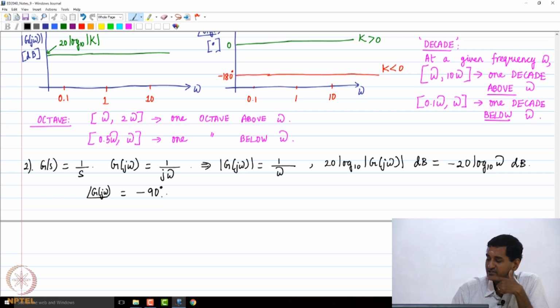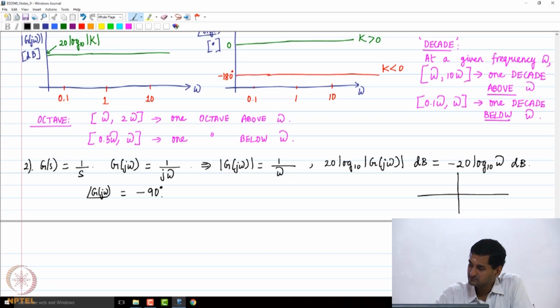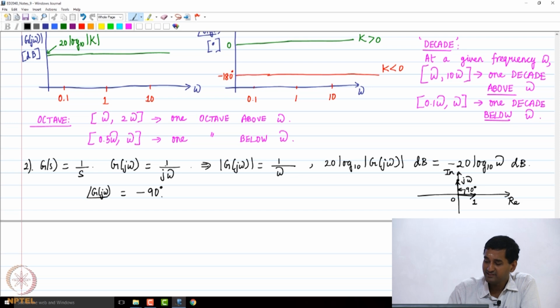Okay, because if you go to the complex plane, 1 is going to be here, right? So the vector 1 is going to make an angle of 0 degrees with the positive axis. Where is j omega? j omega is somewhere here. So this phase is going to be 90 degrees, right? Correct? So totally the net phase is going to be 0 minus 90. So we are going to get it as minus 90 degrees.